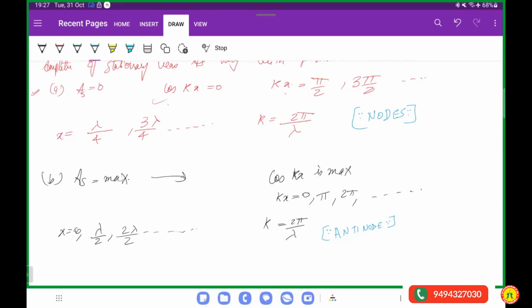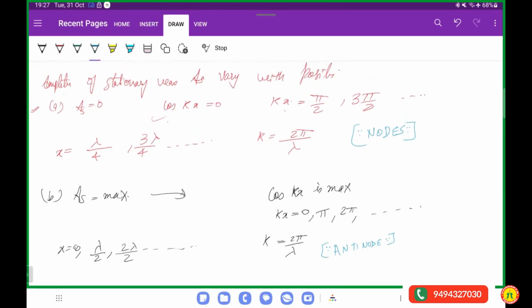Okay. But did you observe one thing here? Anything else you have observed in these nodes and antinodes? I'm talking about this one. Have you observed anything here? Anyone? Tell me.